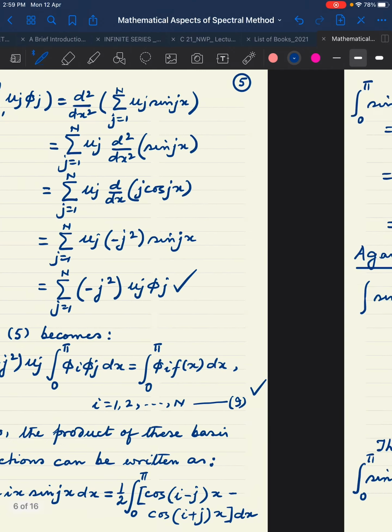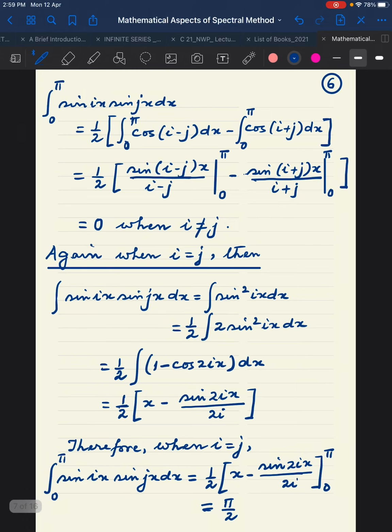No trick is there. So let us go to the next step, so that we get integral 0 to pi sin ix sin jx dx equal to half into, we have separated the terms, integral 0 to pi cos (i minus j)x dx minus integral 0 to pi cos (i plus j)x dx. And after integrating we get, as you see, half. From the first term we get half into, half is outside the bracket, integral 0 to pi cos (i minus j)x dx means sin (i minus j)x.